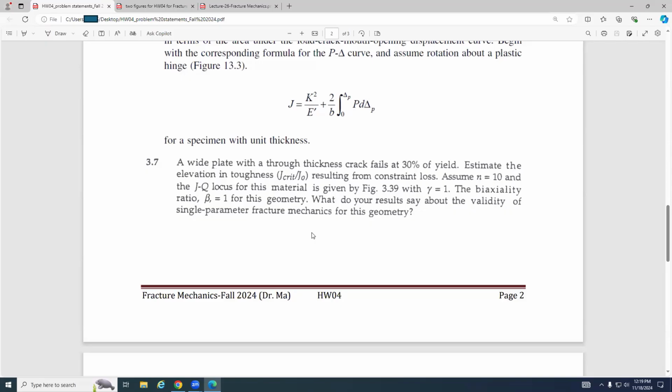Now for this problem, you can see the crack and the failure at a fraction of the yield strength. Let me show you the figure.